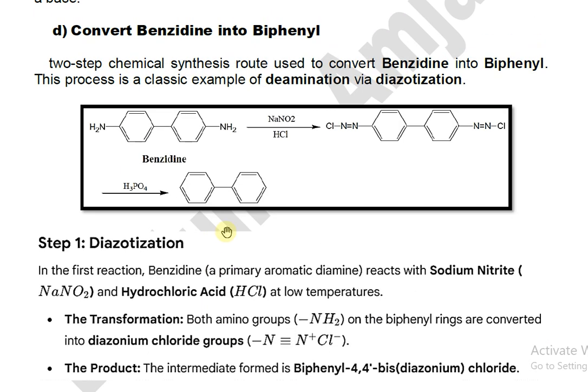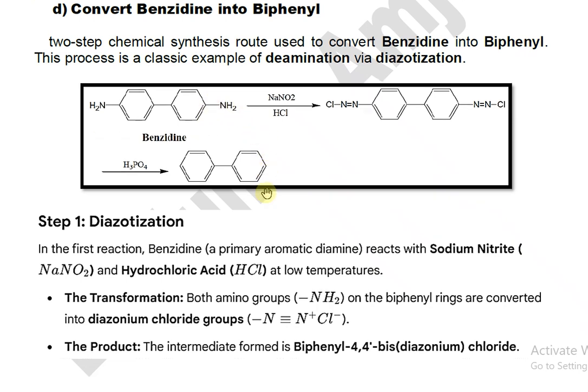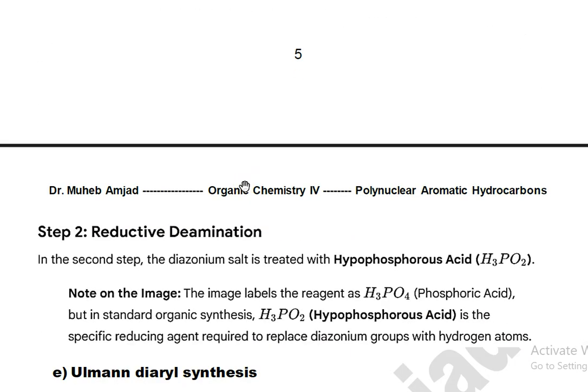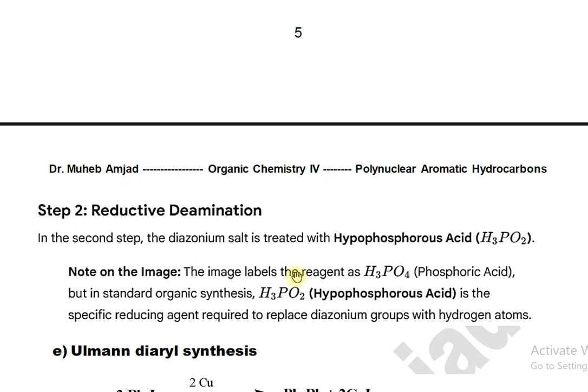Deamination here means we cancel the amino group. It will be cancelled, and it will be converted to the hydrogen. And in this step we say reductive deamination, as discussed here.